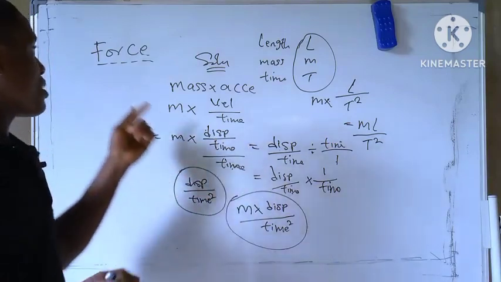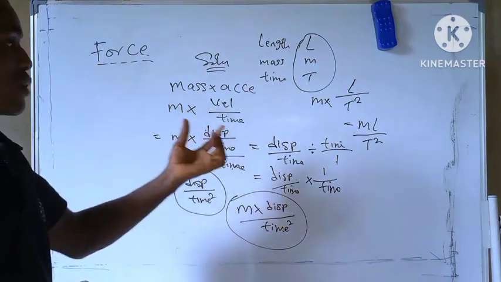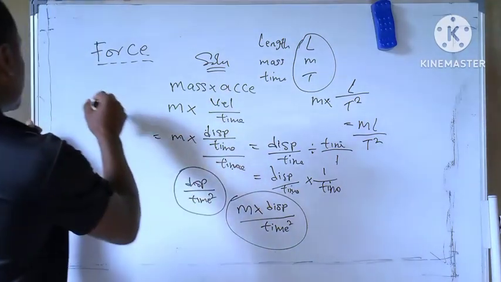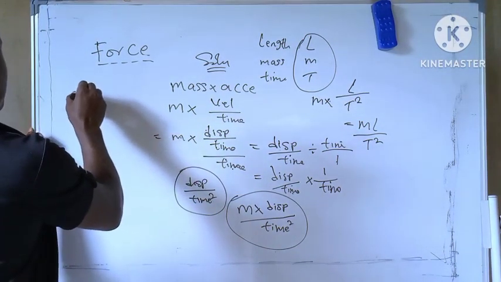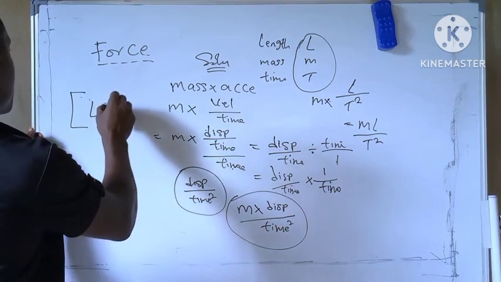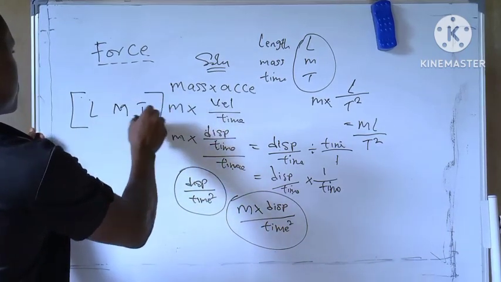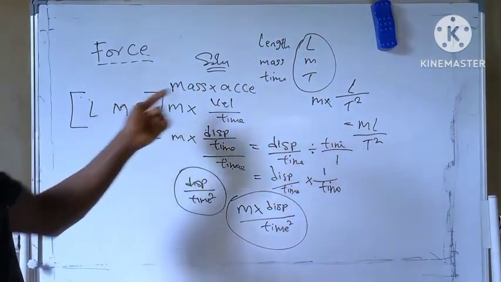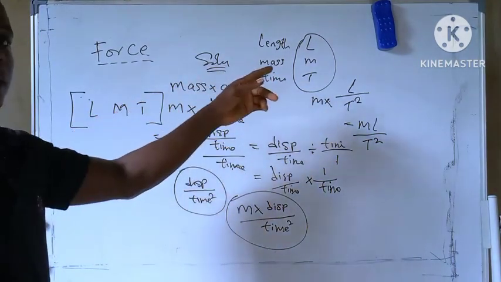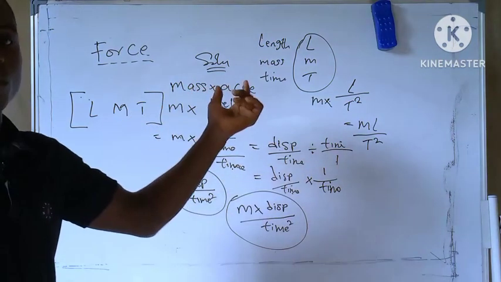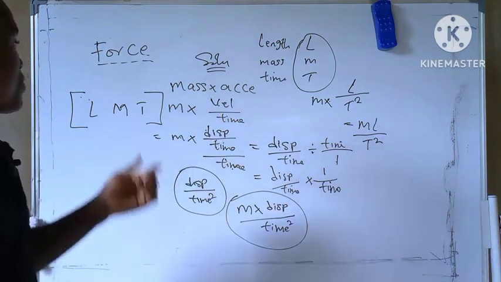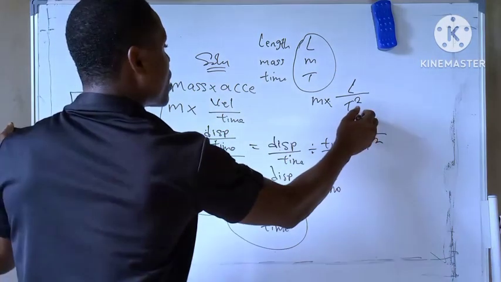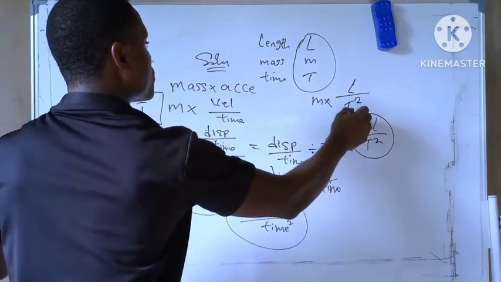So let's write down the dimension of force since we are done with the calculation. These are the 3 approved symbols, L, M, and T, right? I've said it before: L is a symbol of length, M is a symbol of mass, while T is a symbol of time. So let's write down the dimension of force. This is the formula we calculated, right?